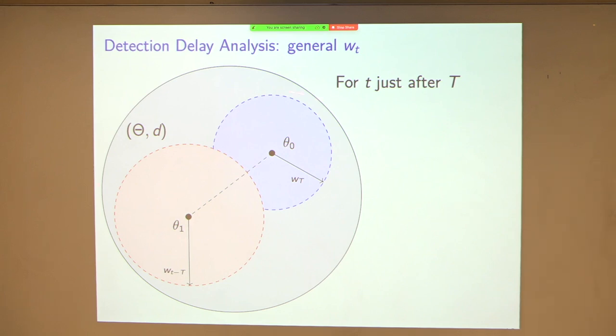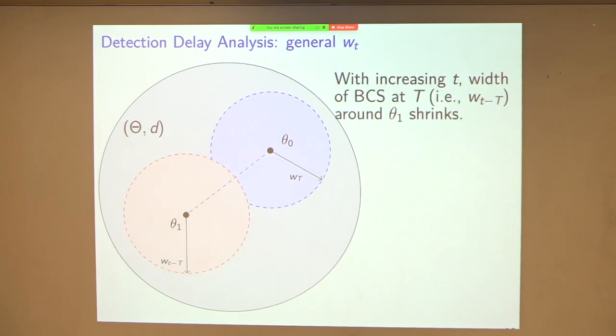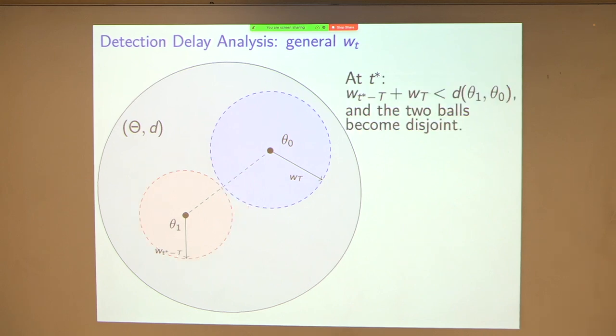This is the first set of confidence sequences that have that width, and the second set of confidence sequences which you've spawned out have that width. But as you continue collecting more data, the confidence sequences that you started after the change point will continue to shrink, and then at some point, the original confidence sequences that you had that started at time 0 and the confidence sequences that you had that started at time t, you don't know which one they are, but they will not intersect anymore, and you'll declare a change point.